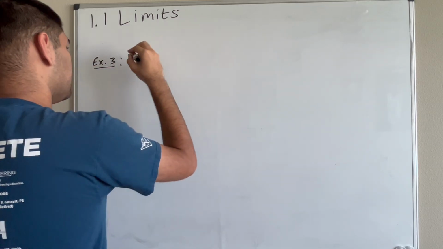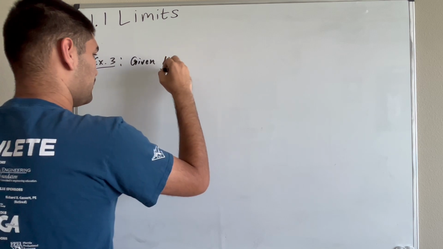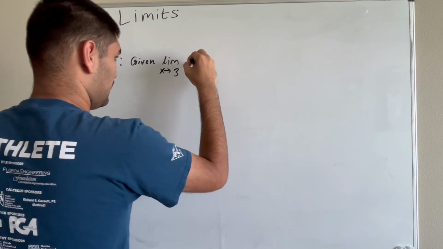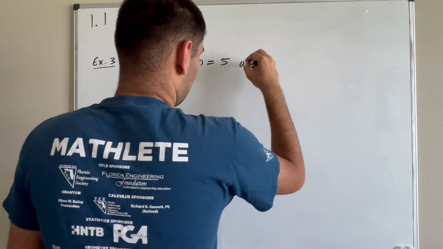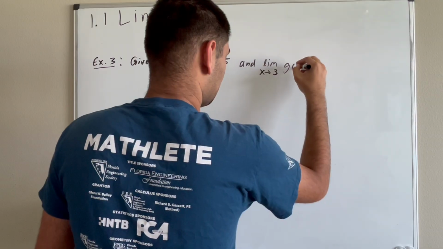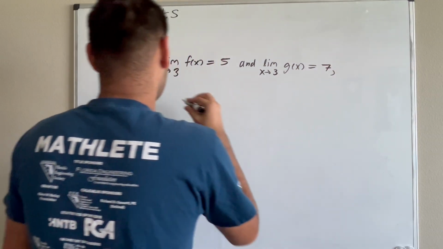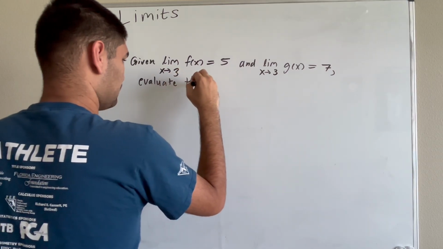Given the limit as x approaches 3 of f of x is equal to 5, and the limit as x approaches 3 of g of x equals 7, evaluate the following.